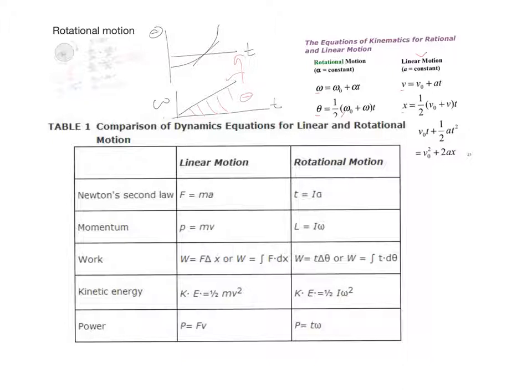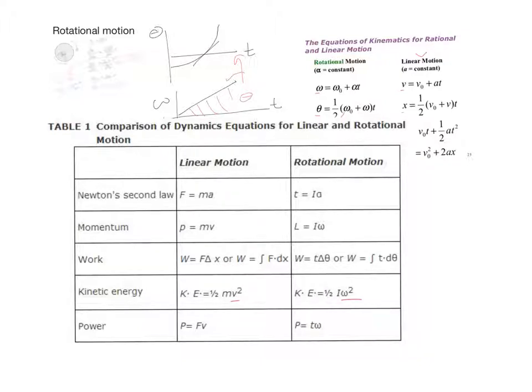So with forces, linear forces are just F, rotational forces are torques. We're going to get into what replaces the mass, which is that letter I, okay? And here we have the omega being replaced by the v in kinetic energy.